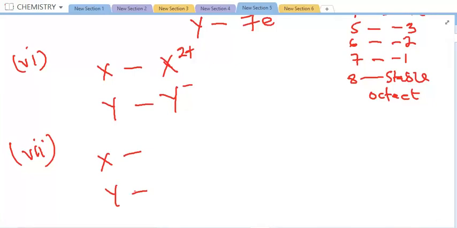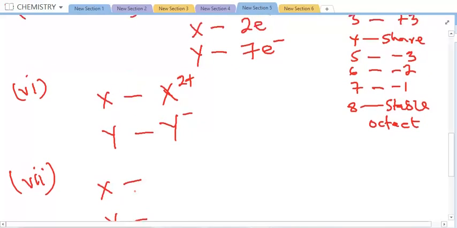Combining power is the number of electrons that an atom is ready to lose, gain, or share for it to obey the octet rule, or for it to be stable. That is what we call combining power.